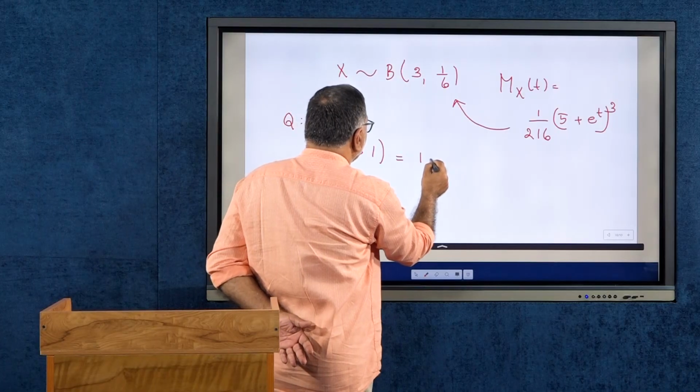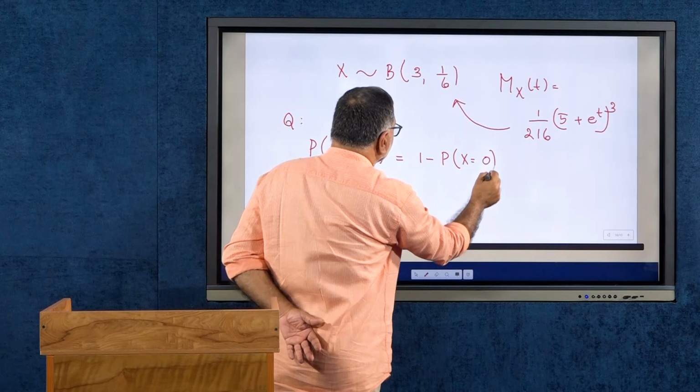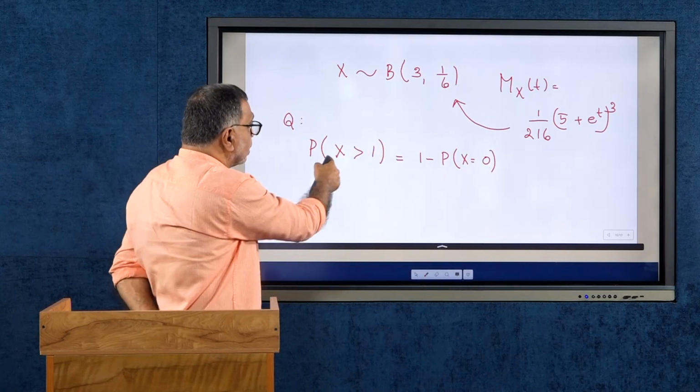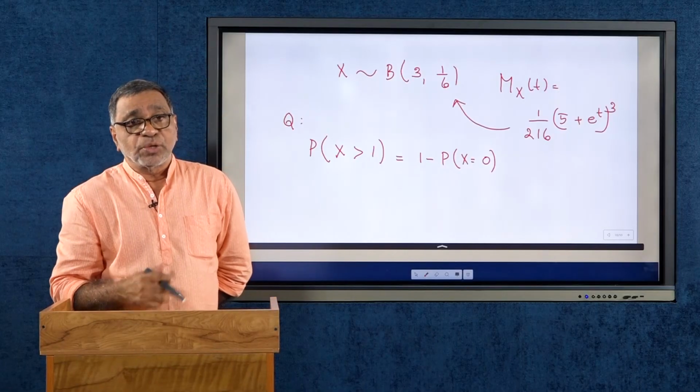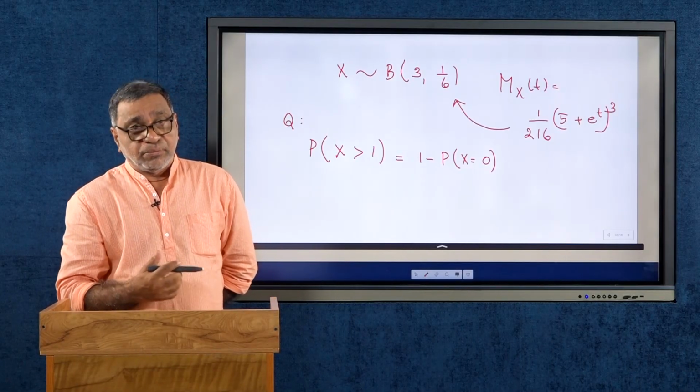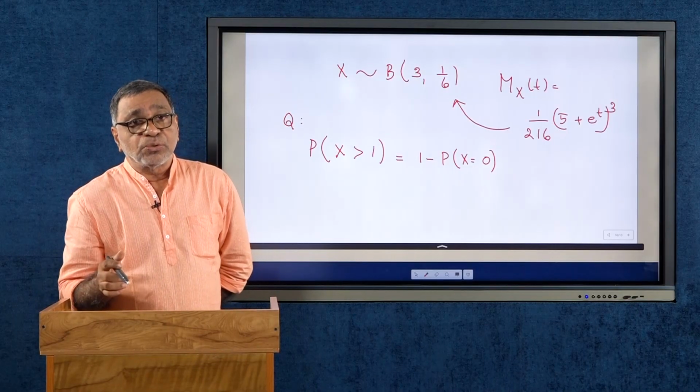That is nothing but 1 minus the probability of X is equal to 0 and 1, by taking the complement part of the random variable, because X is a random variable having the values 0, 1, 2, 3, etc. So X greater than 1 means it is 1 minus the probability of X is equal to 0 and 1.